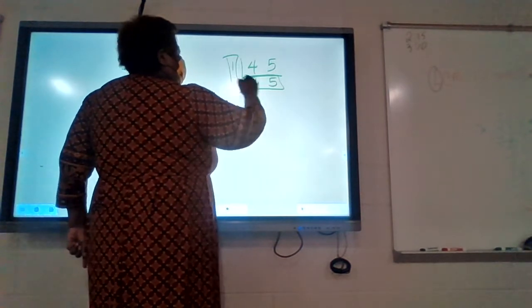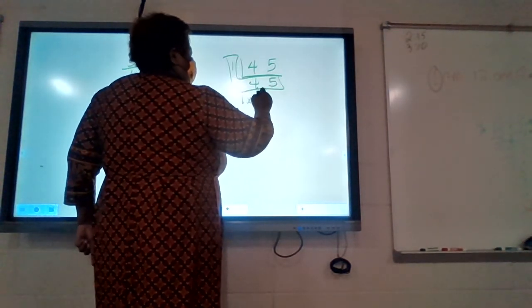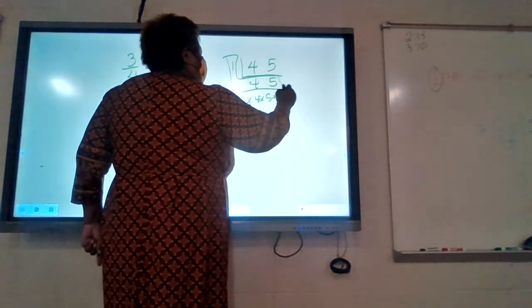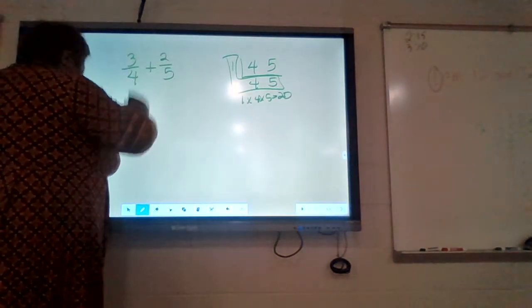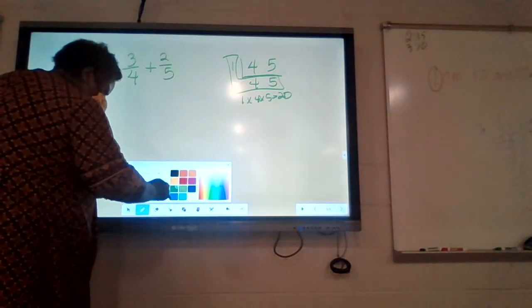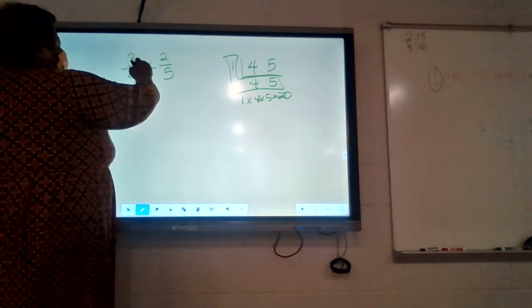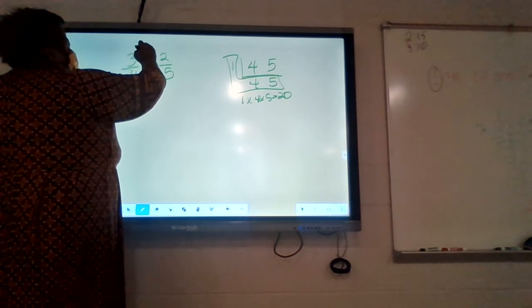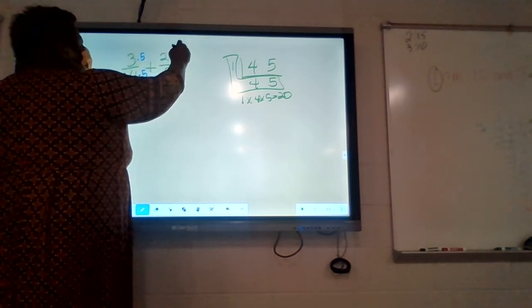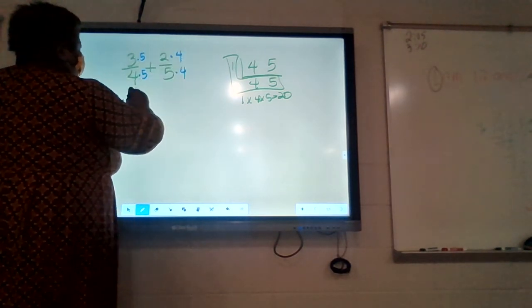My L, 1 times 4 times 5 equals 20. So I need to make both of these denominators a 20. So I'm going to multiply this by 5 and this by 5. And then I'm going to multiply this by 4 and this by 4.